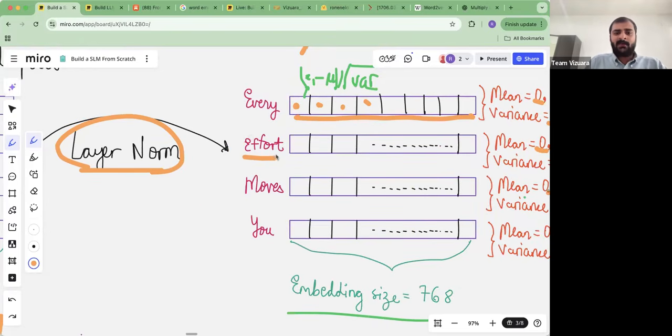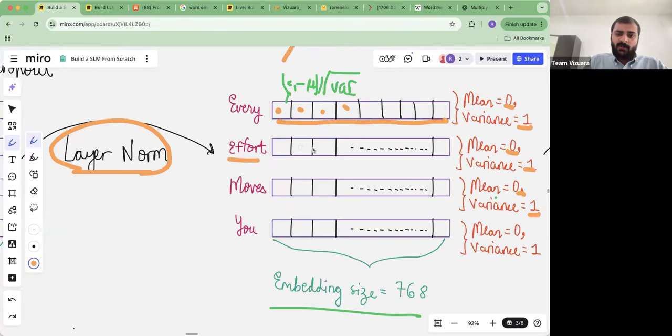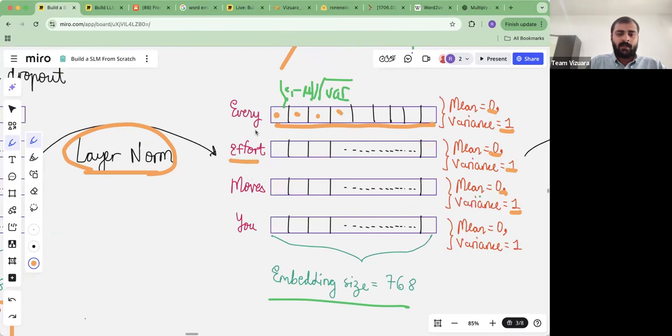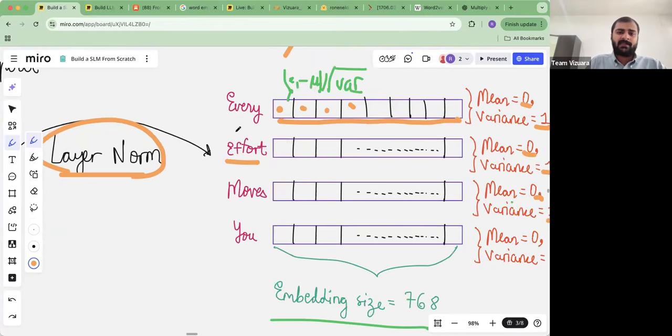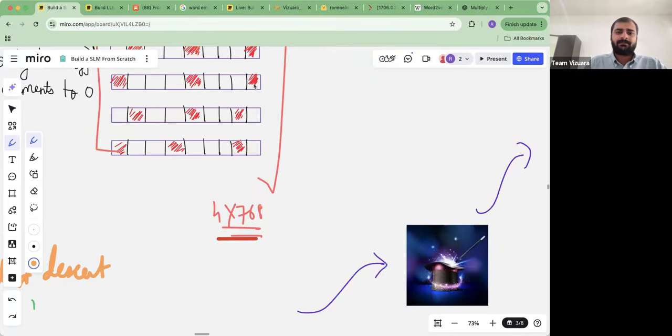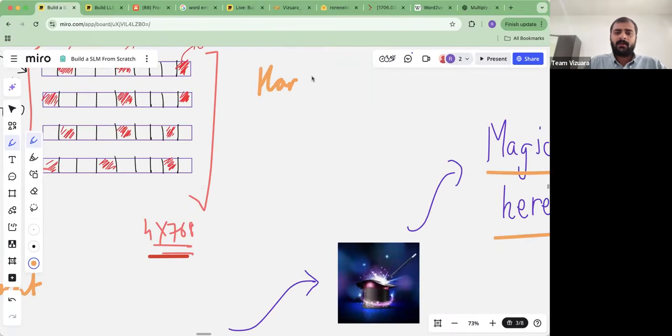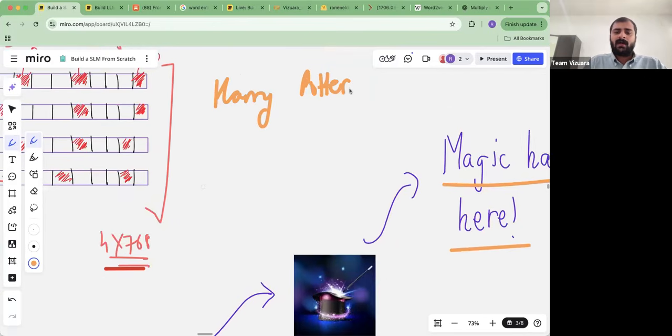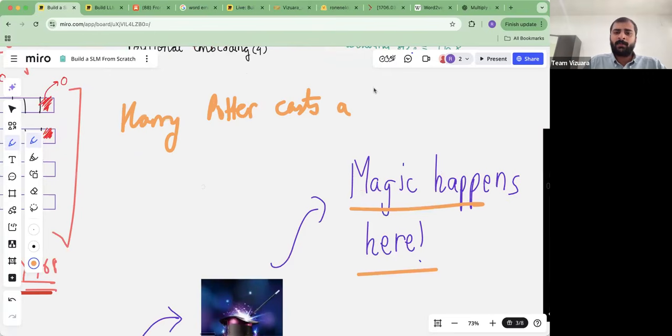So ideally, when you look at each token with its 768 dimensional vector, all of these values should be influenced by which neighbor is most important, which neighbor is least important, etc. That kind of understanding is extremely important because if you say Harry Potter casts a, and we want to predict the next token, the word casts alone has no clue what context it's operating in.